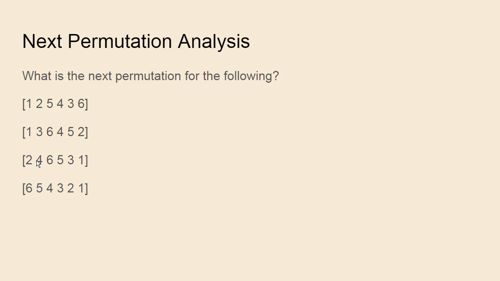Now, which one should we place here? To get the next biggest, we need to find something that's bigger than 4, but we want to find the smallest among the tail end that's bigger than 4. So then we want 5. And if we have 5 here, then we want the rest of them to be from smallest to biggest.